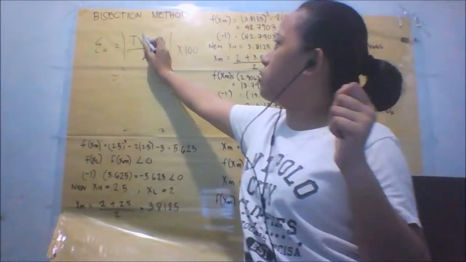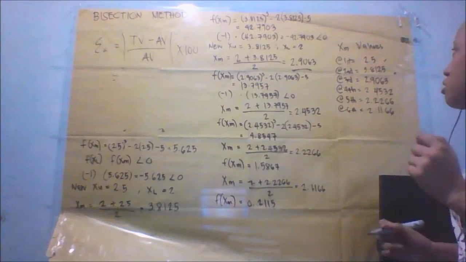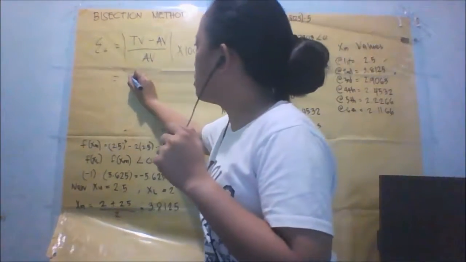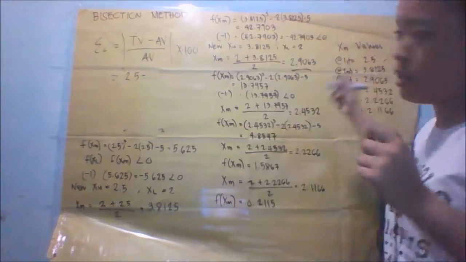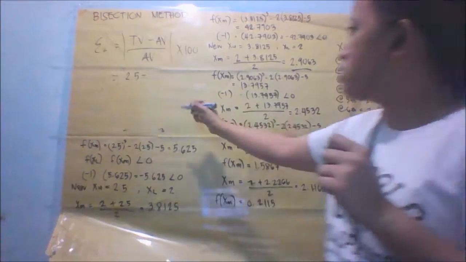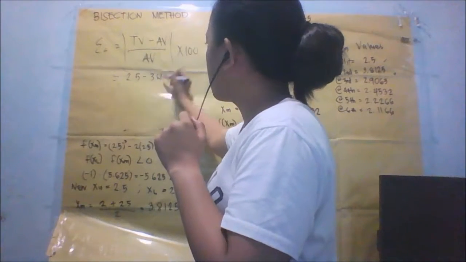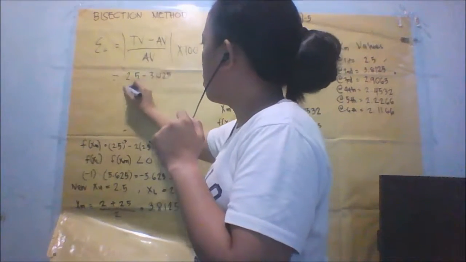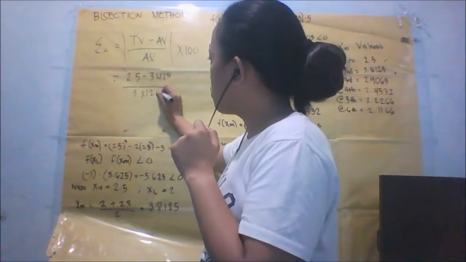We can say that our true value is our previous value, which is 2.5, minus the approximate value, which is our present value here, 3.8125, over 3.8125.